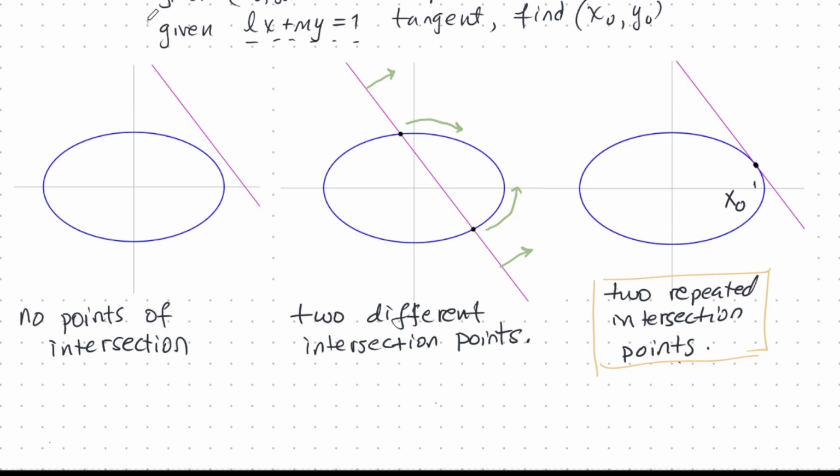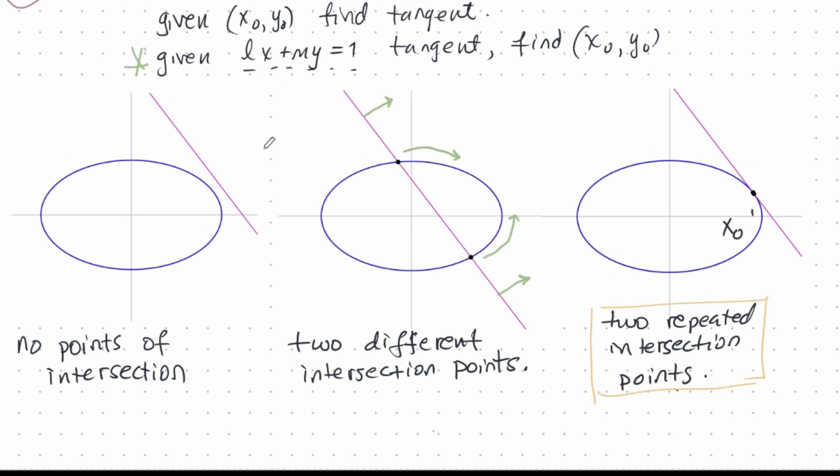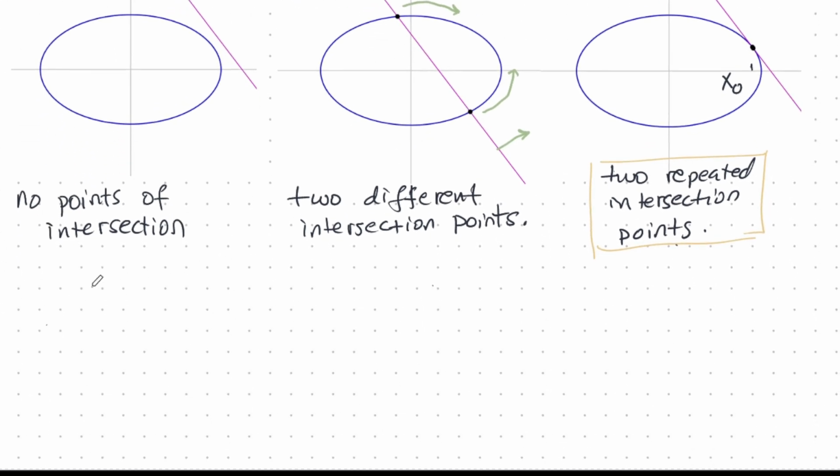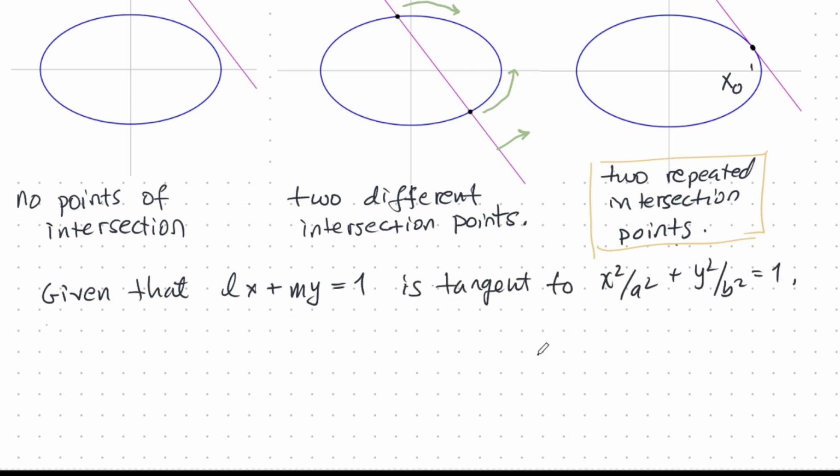Let's start by solving this problem here, and as a consequence, we'll automatically get the solution for the first one. Okay, so that goes like this. Given that this line Lx plus My equals 1 is tangent to the ellipse x squared over a squared plus y squared over b squared equals 1, find the point of tangency x0, y0.